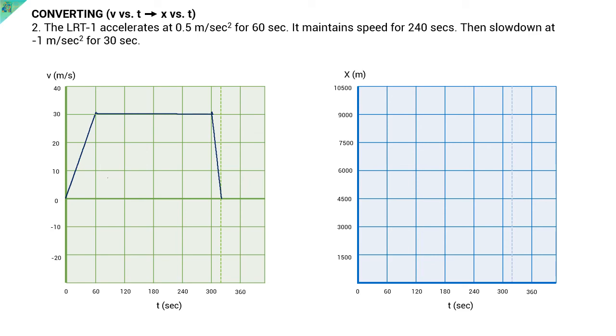Okay, just to again remind you, the slope for a velocity time graph is v over t. It's the slope, and that means acceleration. And remember that the area inside the graph means the distance traveled.